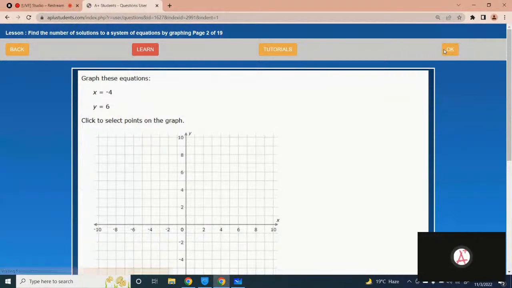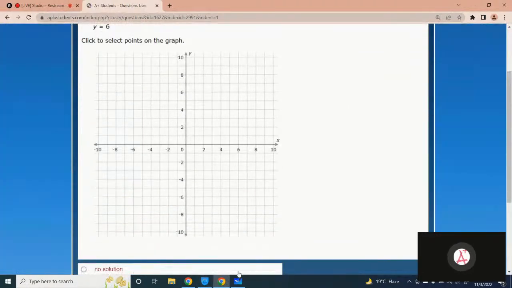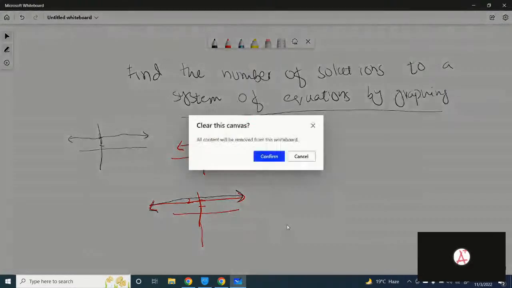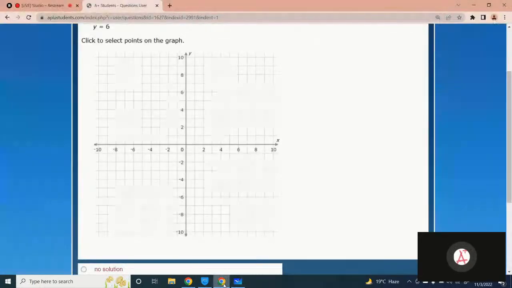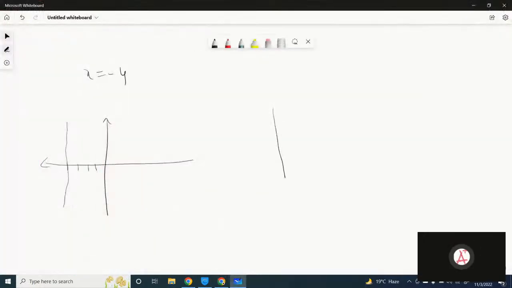Okay, x equals -4 and y equals 6. Let's just plot the graph. X equals -4. This is the graph for x equals -4, here you have -4. And then the second one is y equals 6. Here is the graph for the second one, 1 2 3 4 5 6. This is the graph for y equals 6.